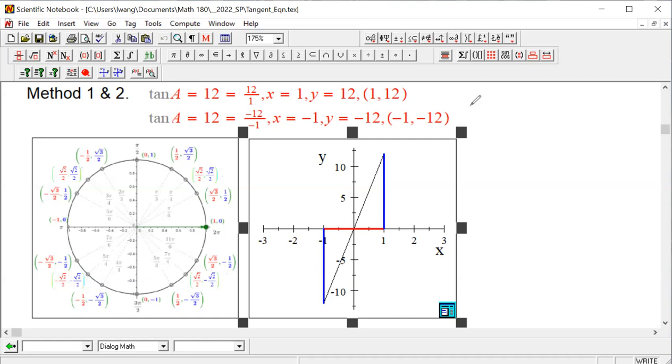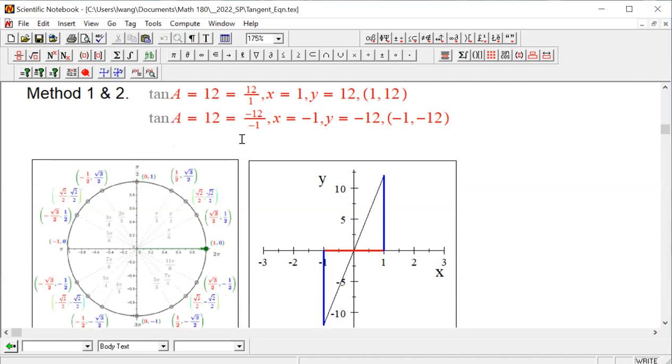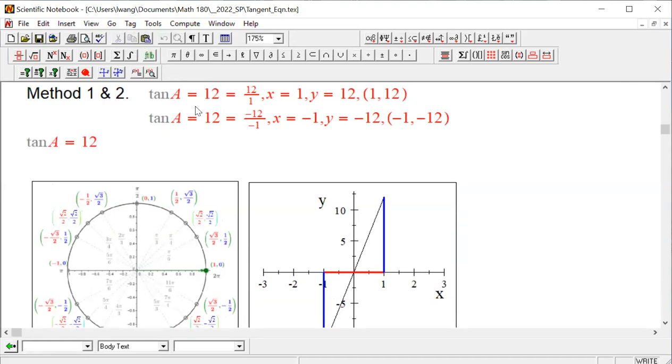And as we know the solution, theta equals arctan of 12. What angle would that be? It's this angle, that's theta, and of course plus k pi.